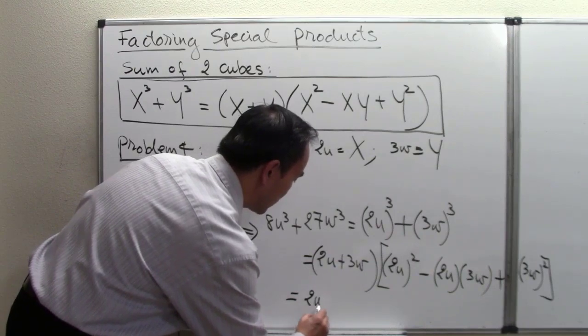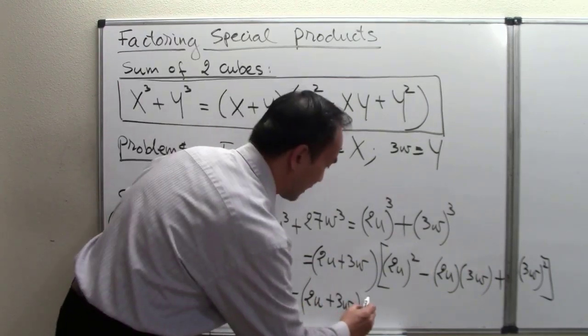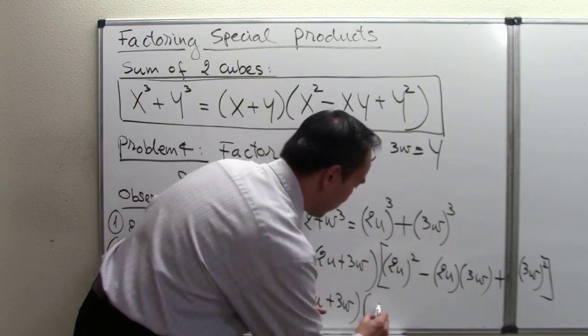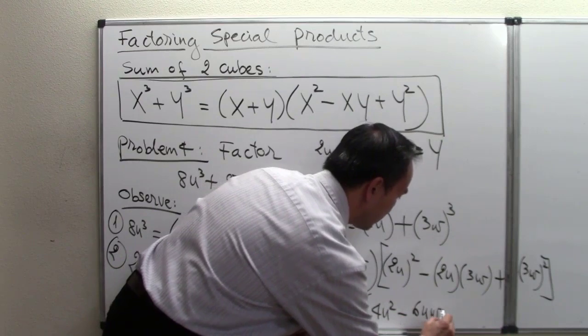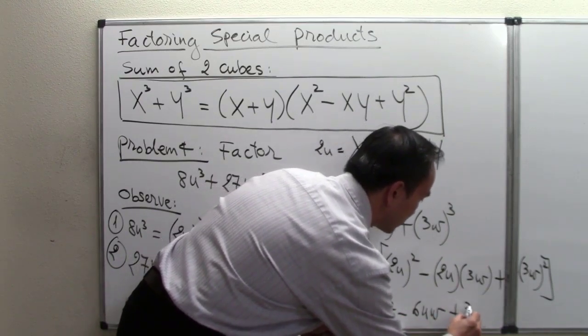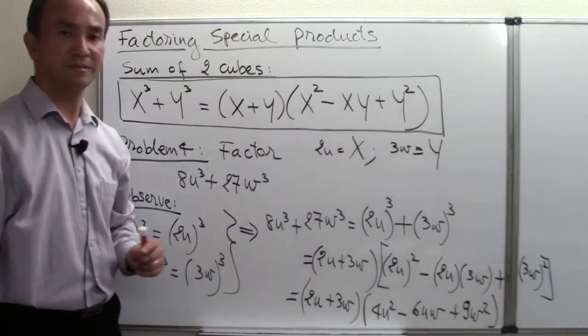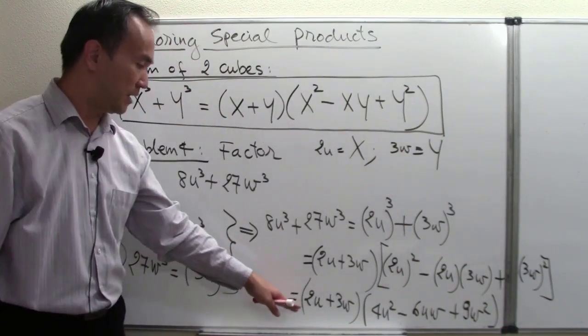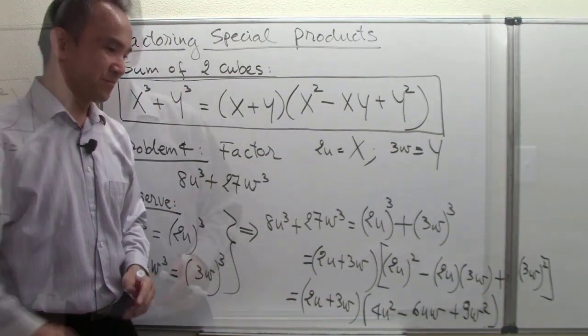So 2u plus 3w, and then 2u all squared is 4u squared, minus 6uw, plus 9w squared. And that's how I have put my beginning polynomial into factored form.